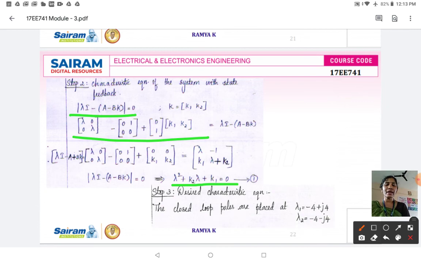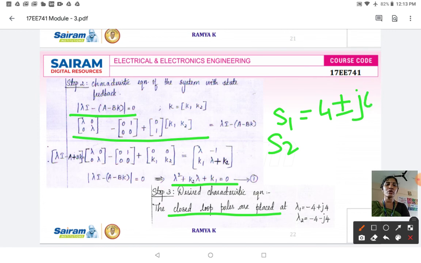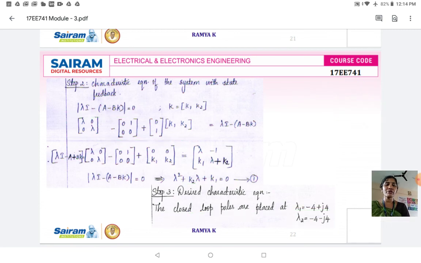Then the desired characteristic polynomial equation can be obtained by means of your closed loop poles. Here the two poles they have given, S1 and S2, are equal to minus 4 plus or minus j4. So I can write this as two poles. Lambda 1 is equal to minus 4 plus j4. Lambda 2 is equal to minus 4 minus j4.